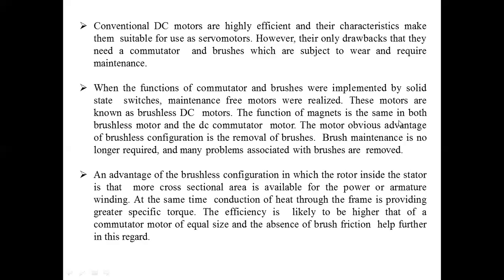With the electronic commutator, we get the most economical efficiency in comparison with normal conventional DC motors. So the point is, when the functions of commutator and brushes were implemented by solid state switches, maintenance-free motors were realized. These motors are known as brushless DC motors.